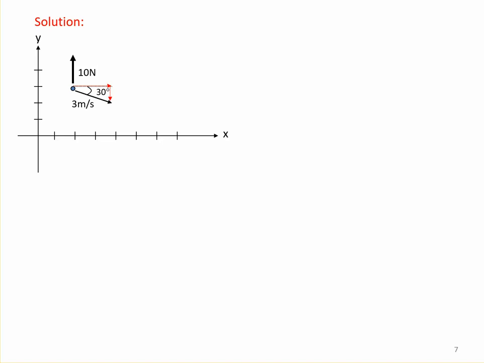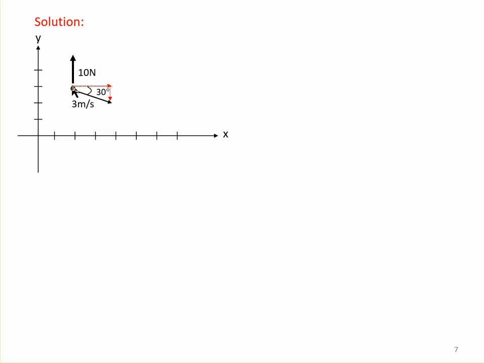So let's start by thinking about how this particle is going to move and trying to visualize its motion. So here's the particle, and its initial velocity is in this direction. In other words, its initial velocity has a horizontal component. It's moving somewhat to the right, but it's also moving somewhat downwards initially. Now, this particle is subject to a 10 Newton upward force.